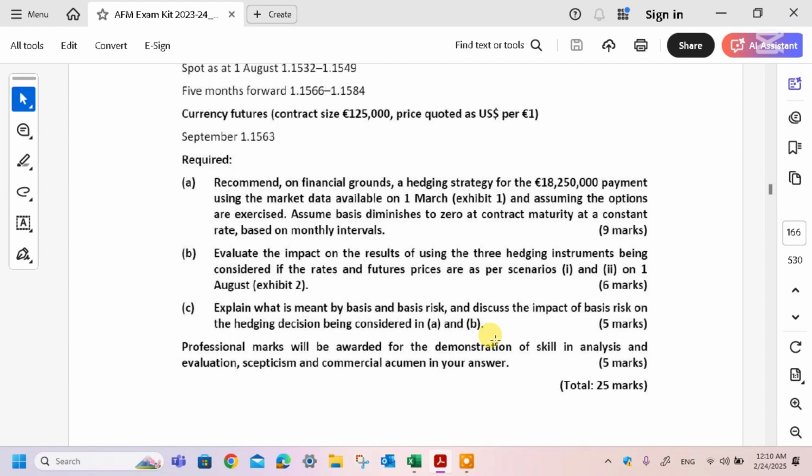This is known as basis risk. Discuss the impact of basis risk in part A and part B. You can say in part A, there was no basis risk. The expected unexpired basis and the actual basis on that day were exactly the same. Therefore, the initial calculations still remained valid.